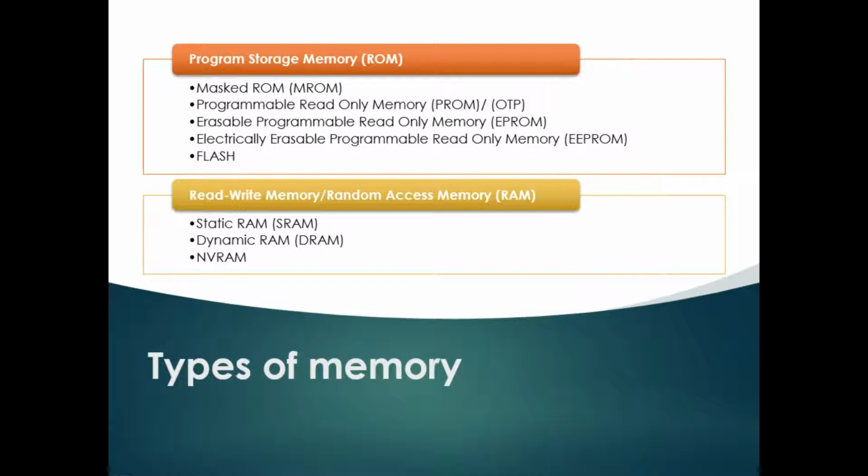The program storage memory, or code storage memory, of an embedded system stores program instructions, and it is basically classified into different types like masked ROM, programmable read-only memory, erasable programmable read-only memory, electrically erasable programmable read-only memory, and flash memory.